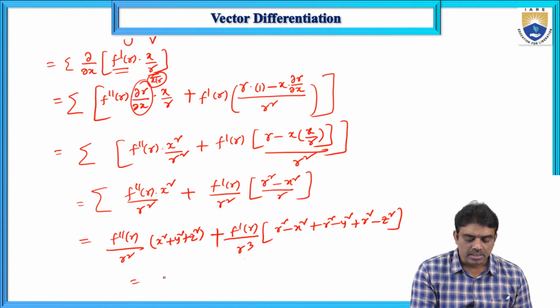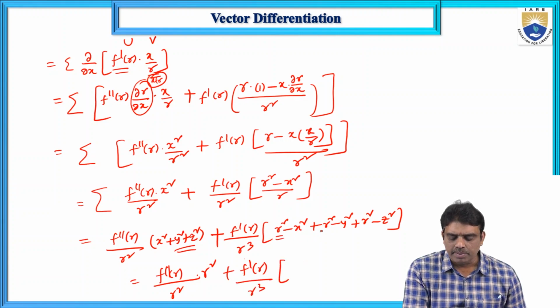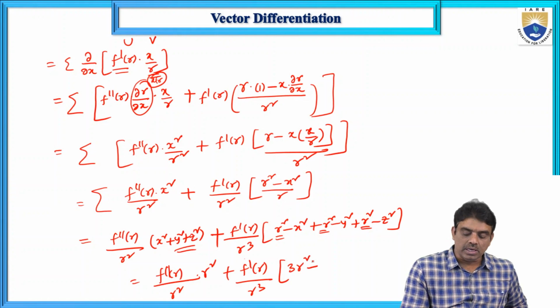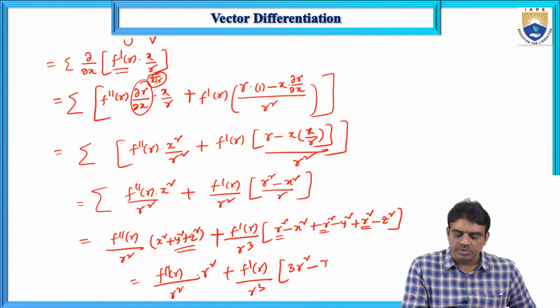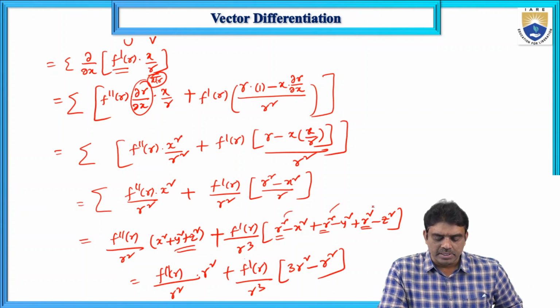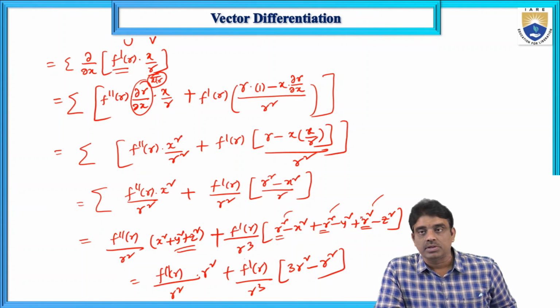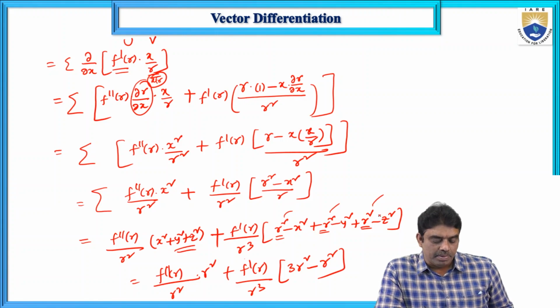So this is f double dash of r by r square into this also r square, plus f dash of r by r cube into r square plus r square plus r square. This is 3r square minus of x square plus y square plus z square, that is equal to r square.